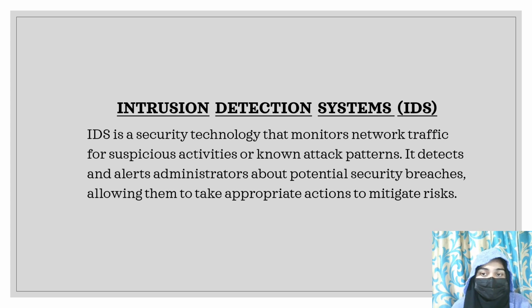Intrusion detection system: IDS is a security technology that monitors network traffic for suspicious activities or known attack patterns. It detects and alerts administrators about potential security breaches, allowing them to take appropriate actions to mitigate risk.